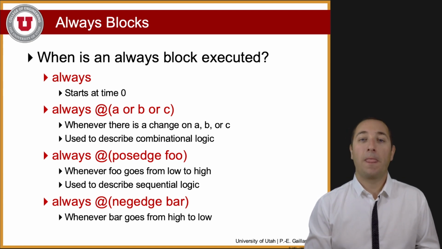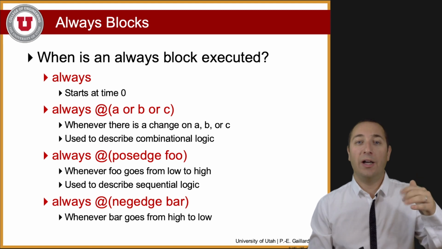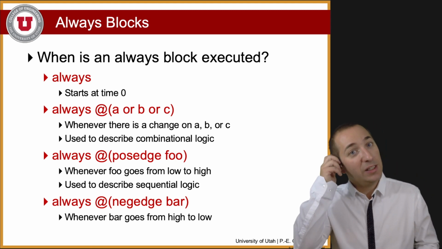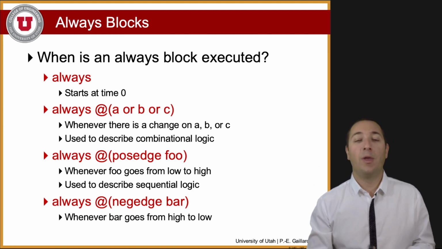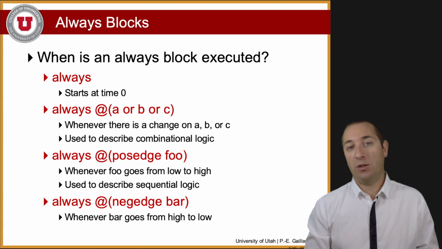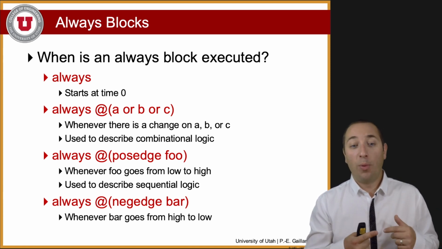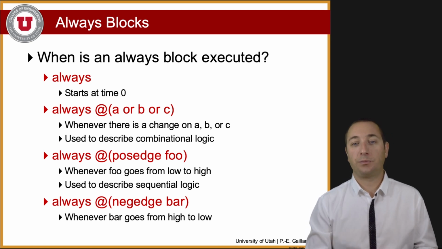It means that every time the signal is rising from low to high, there is a rising edge, we will be evaluating something. It's basically sequential logic, where you will have an edge-triggered flip-flop that will be reacting to the situation. The negedge keyword is doing the exact opposite. It is reacting when the signal goes from high to low.